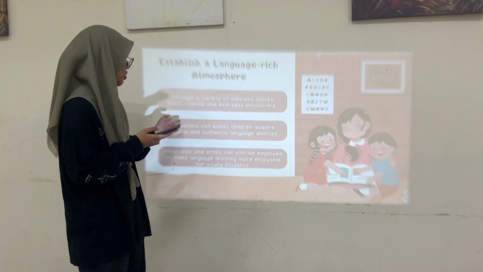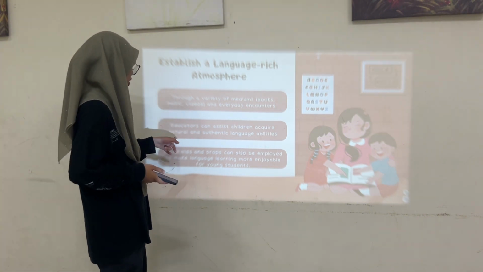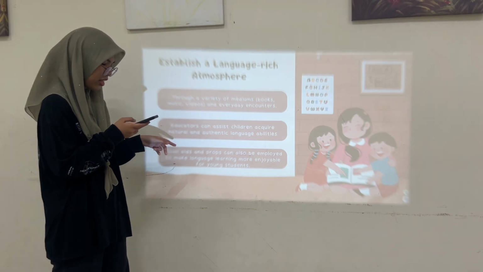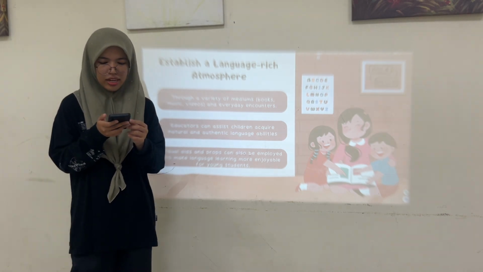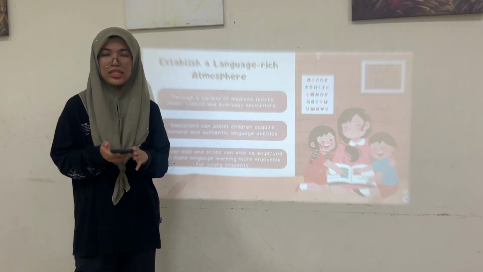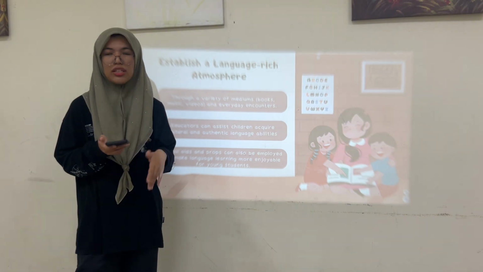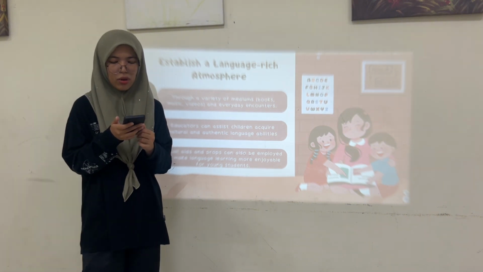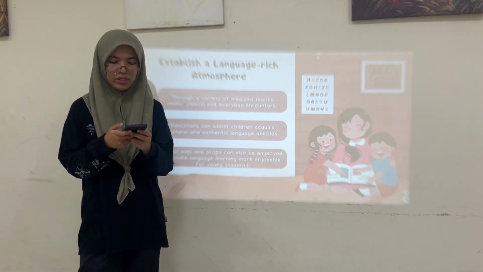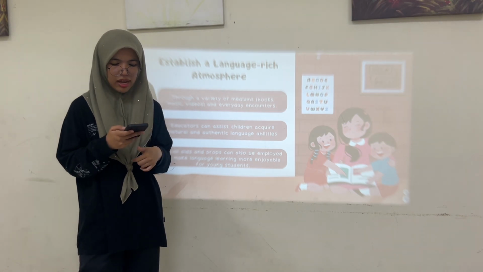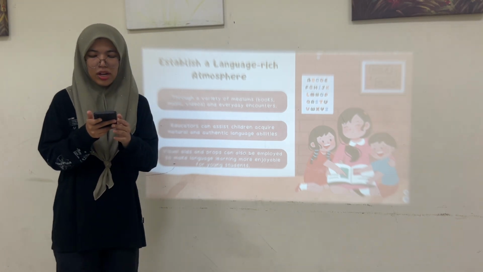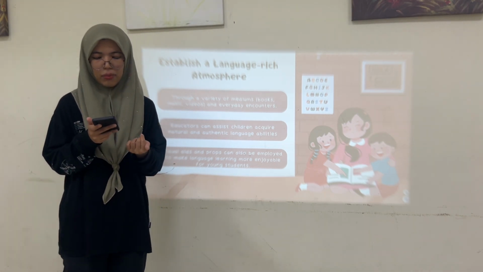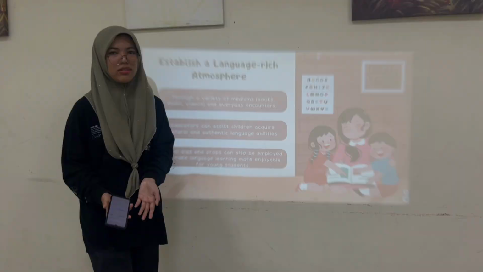Educators can assist children to acquire natural and authentic language abilities by immersing them in English language activities, as cited in Wooten et al. 2023. Visual aids and props can also be employed to make language learning more enjoyable for young students.